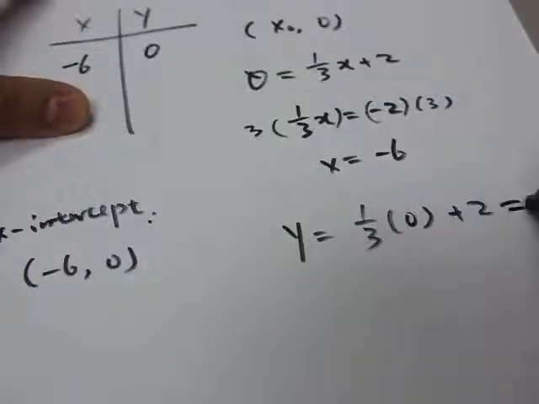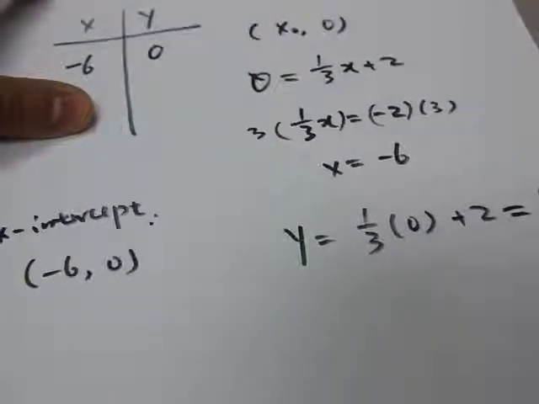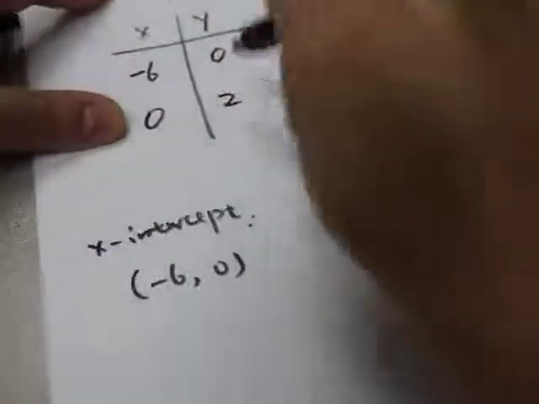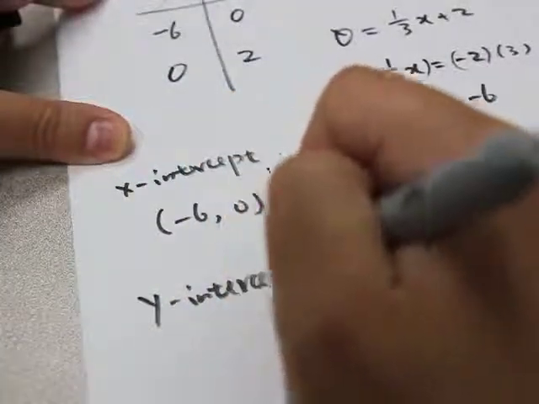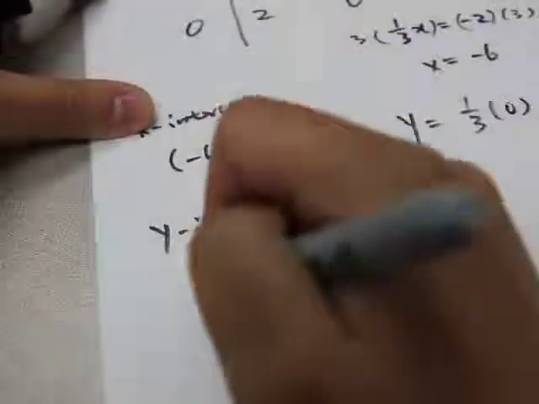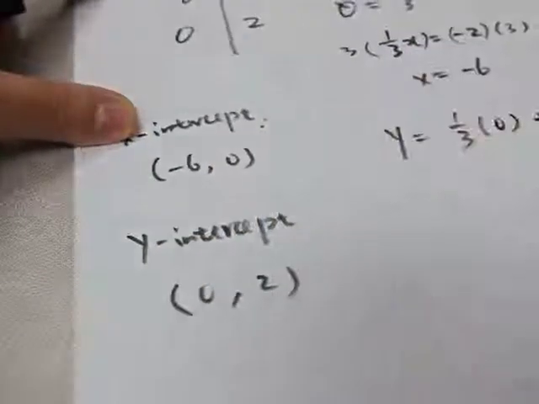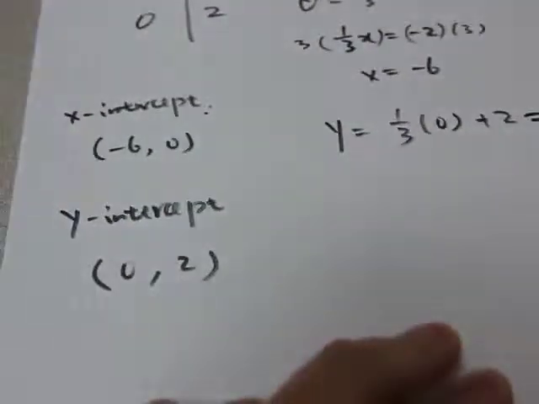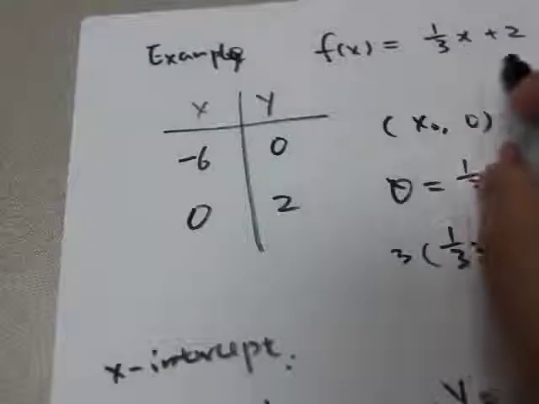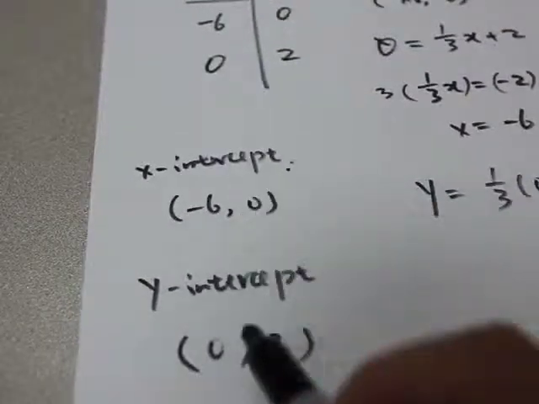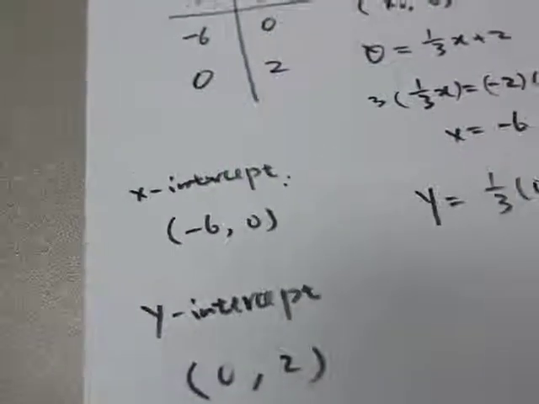So that is 0 plus 2, so it's 2. So the y-intercept is (0, 2). So in practice, when we want to graph this function, we can use these 2 points to graph it.